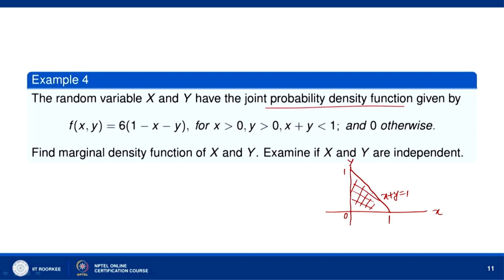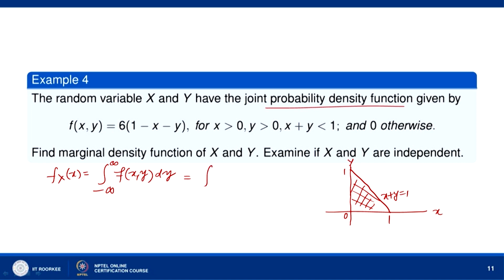Now, we want to find the marginal density function of x and the marginal density function of y. So, fx(x), when x is greater than 0, y is greater than 0, is the integral from minus infinity to infinity of fxy dy. In this region fxy is given by 6 times (1 minus x minus y).